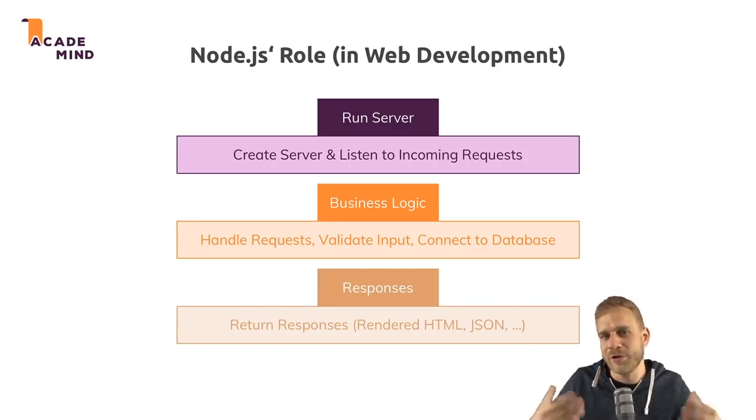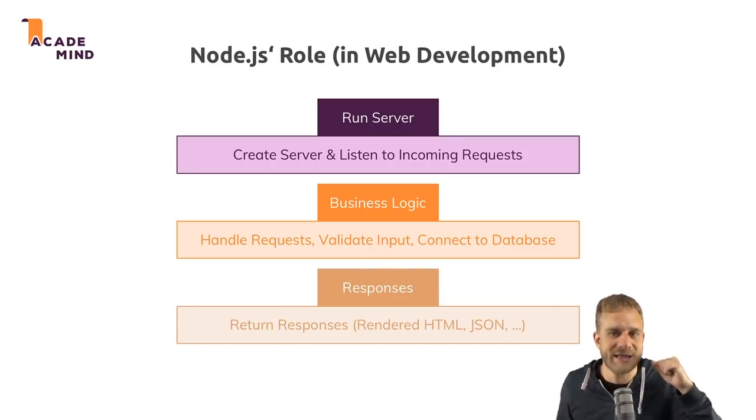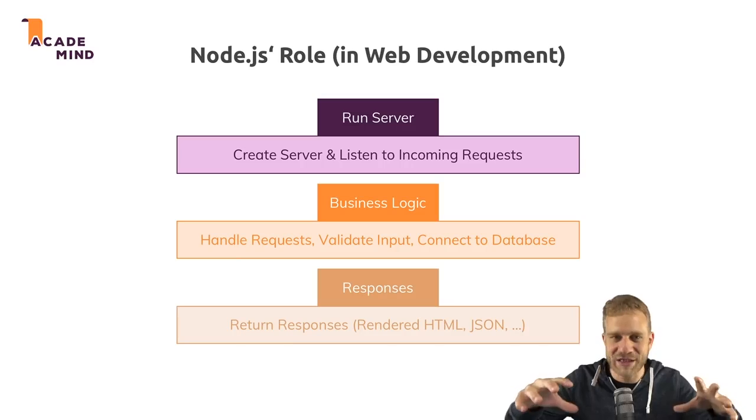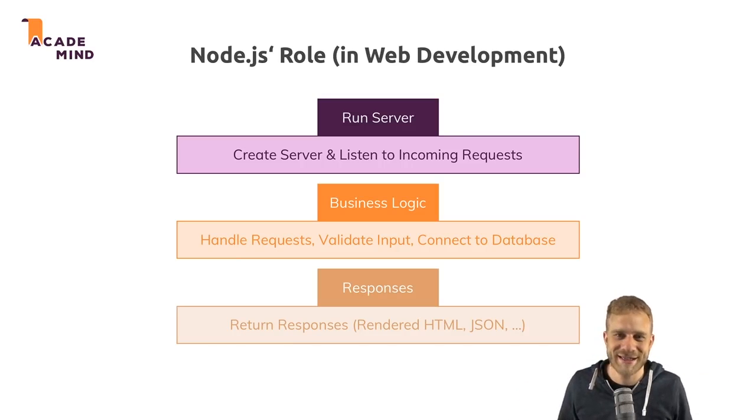You will also learn how you use Node.js to send back data to your clients. Be that HTML pages with dynamic content, or data only in the format of JSON or XML or even files. So this is what we use Node.js for and what we will dive heavily into in this course.